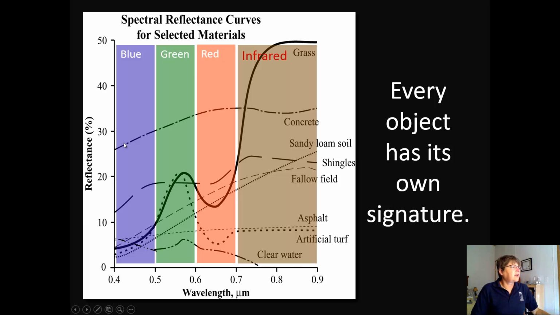And so what you're looking at here is something called a graph of spectral signatures. So again, breaking it down into the primary colors, blue, green, and red. And then we show infrared on here as well. We can't see infrared, but we're putting it on our chart. And the y-axis represents the percentage of reflection of all the light coming in.